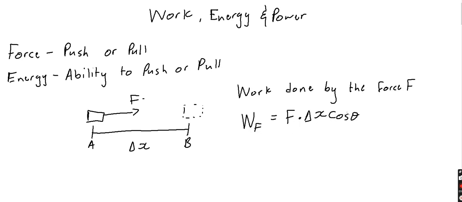So if I pretend as if this factor is 1, and I suppose that my force is 20 newtons and my displacement is 10 meters, then the work done by F will be the 20 newtons multiplied by the 10 meters times 1, which should give me 200 joules.